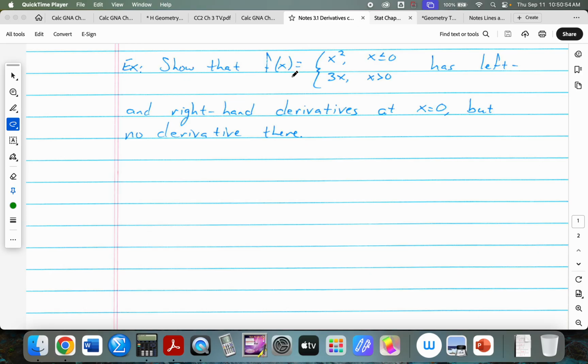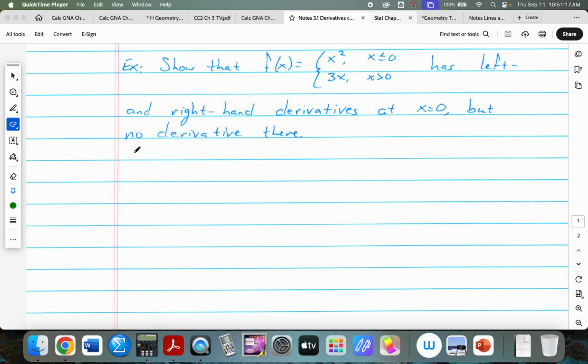So show that if f of x is equal to this piecewise function, x squared for x less than or equal to 0, and 3x for x greater than 0, that it has both left-hand and right-hand derivatives at x equals 0, but it has no derivative at that point.